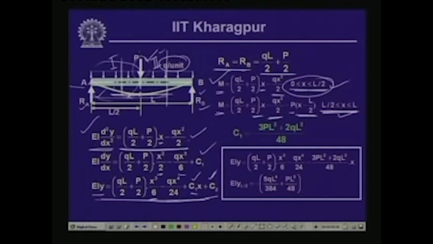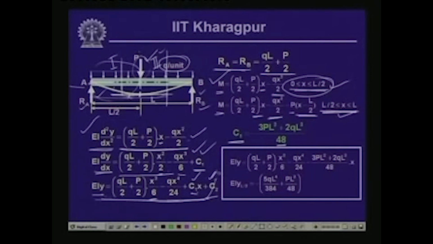That means dy/dx at x equals L/2 should be equal to 0. Substituting x equals 0, y equals 0, we get C2 equals 0, and substituting dy/dx equals 0 at x equals L/2, we get C1 as minus (3PL² plus 2qL³)/48.